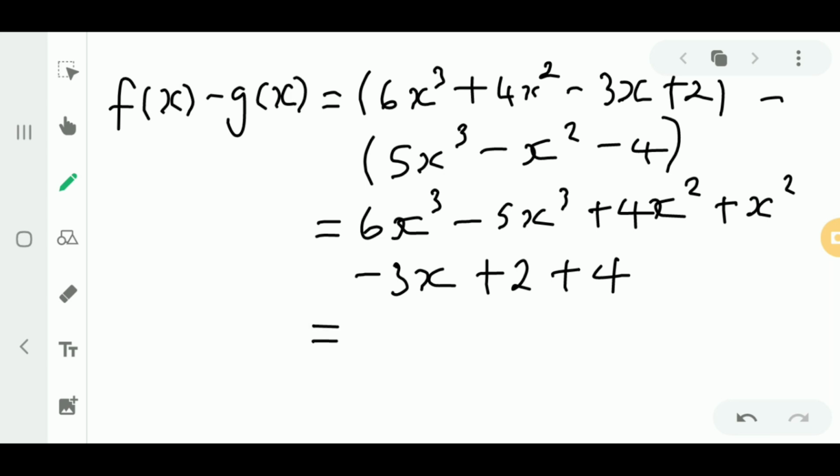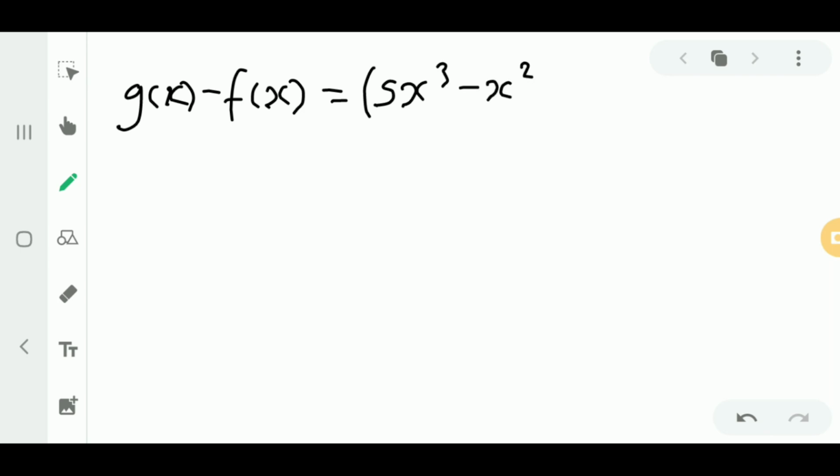So now we have 6 minus 5, that gives you x cubed. 4x squared plus x squared, that gives you 5x squared, minus 3x. 2 plus 4, that gives you 6. And that would be your answer.